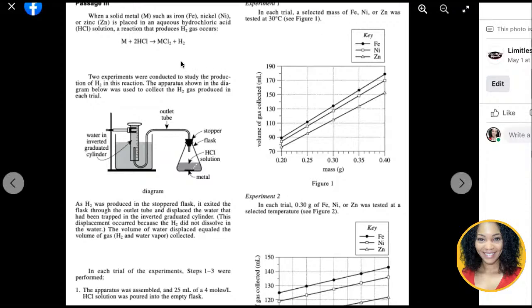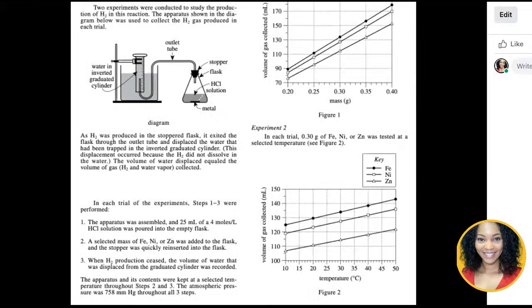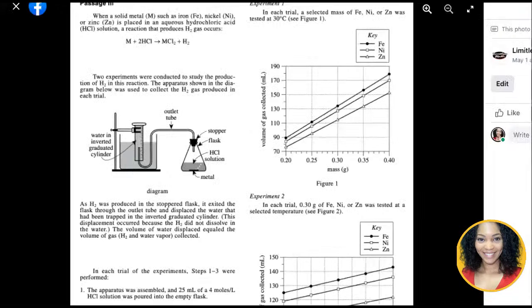There's a passage here that takes up the entire left column of the page. It has a diagram, there's some chemical equations. Then you have two different experiments, and they both have figures and charts and keys and all of that. And as you can see, I have to scroll down even for you to see the entire information here.